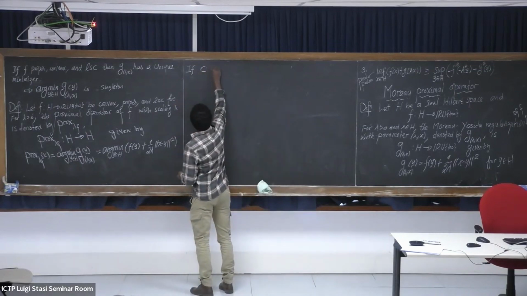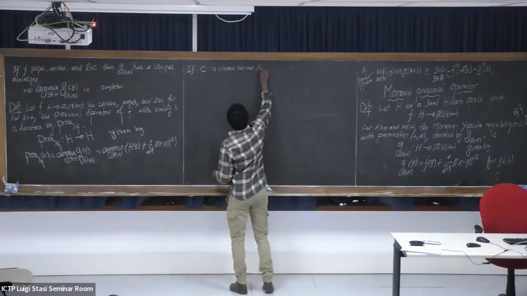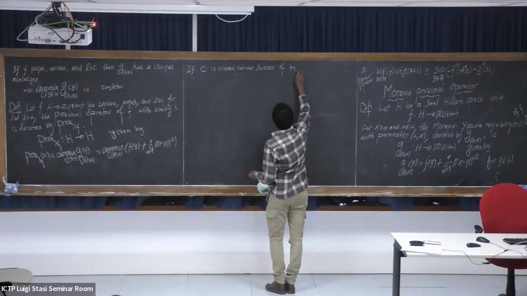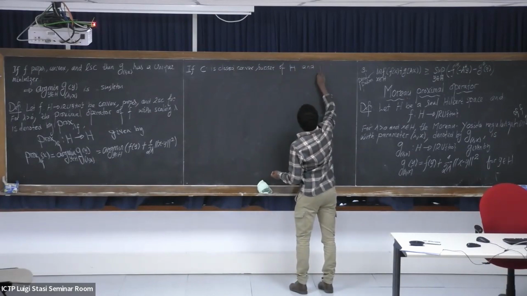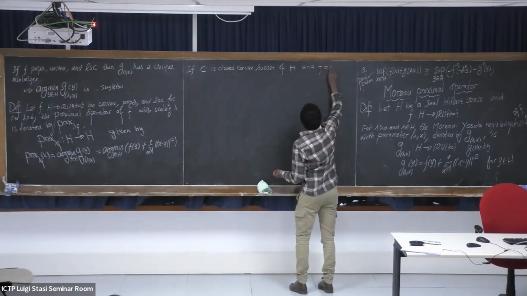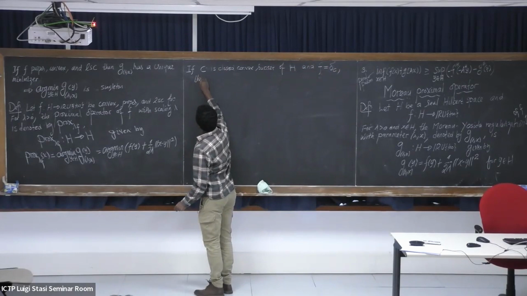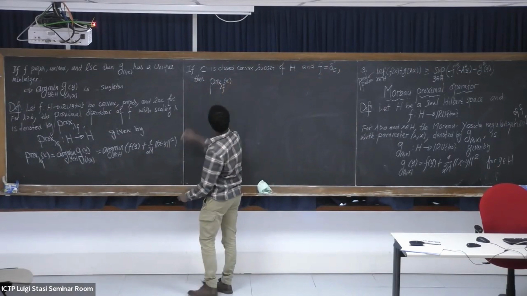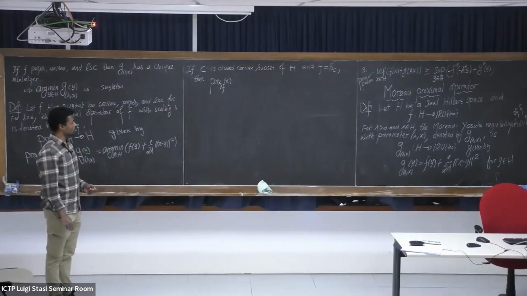Suppose C is a closed convex subset of H and f is the indicator function of C. What is the proximal operator?